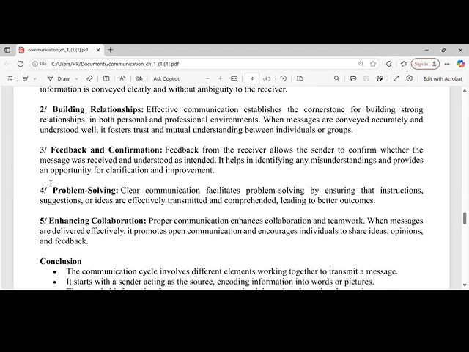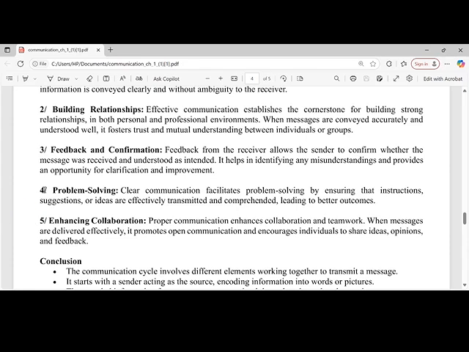Then is feedback and confirmation. Feedback from the receiver allows the sender to confirm whether the message was received and understood as intended. It helps to identify any misunderstandings and provides an opportunity for clarification and improvement.